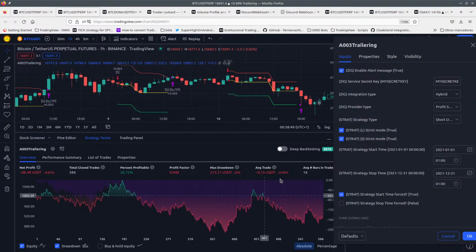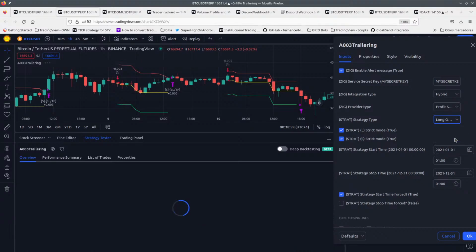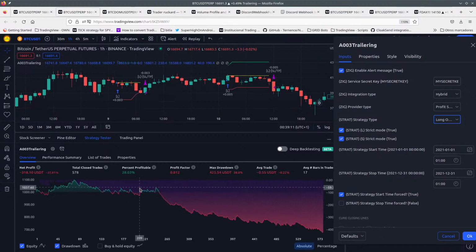You can see how it goes up. Here it goes a bit better, and you can check long only, which should have something similar, but the other way around.